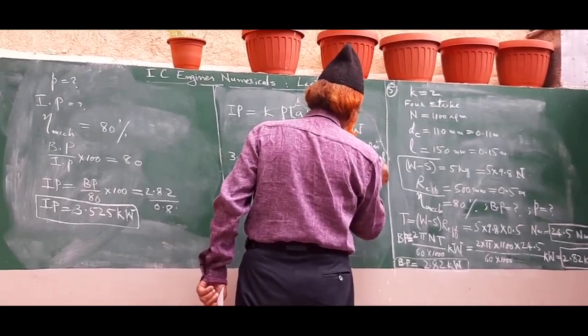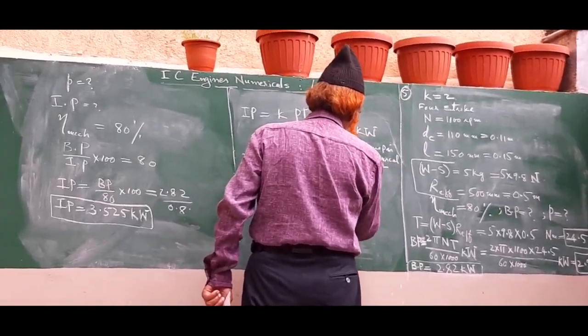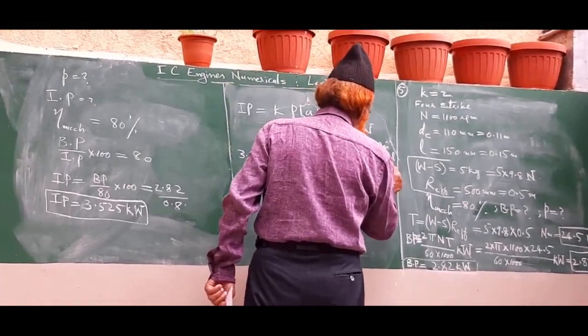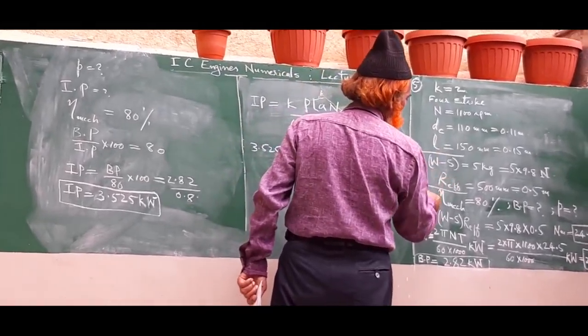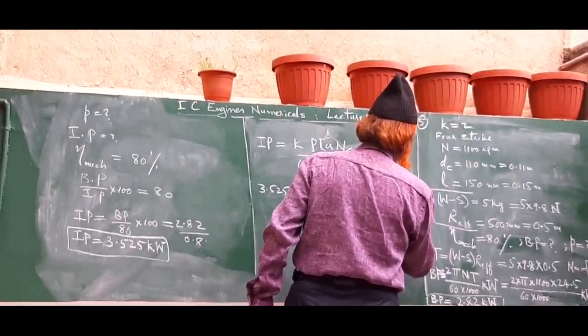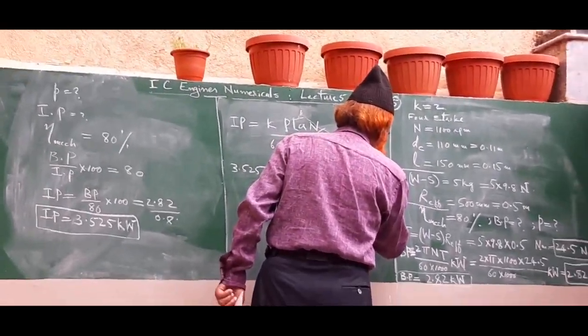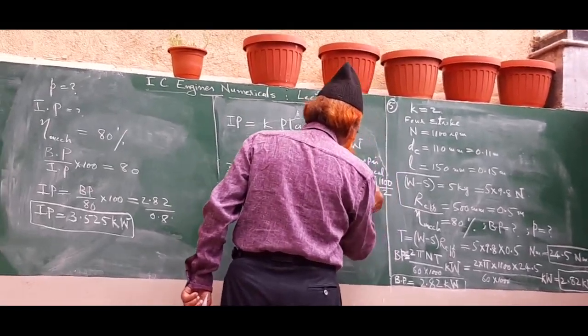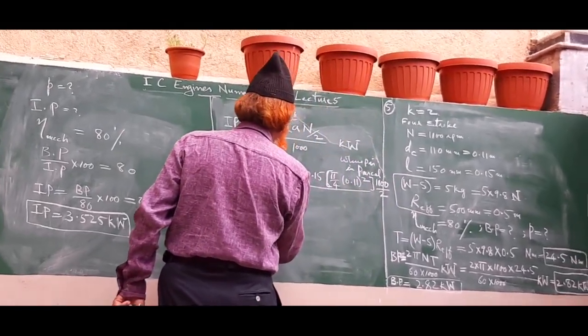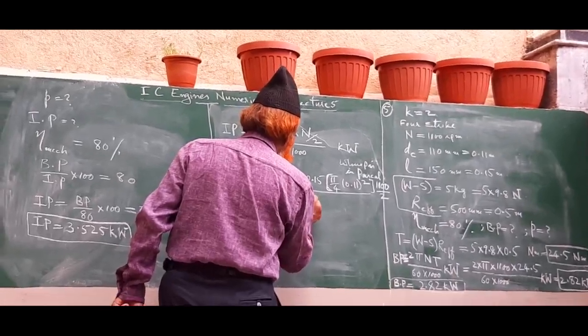This is the whole area. Right. Then N, RPM. How much RPM? RPM is given 1100, divided by 2, divided by 60 into 1000.